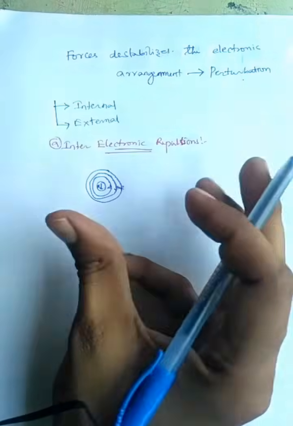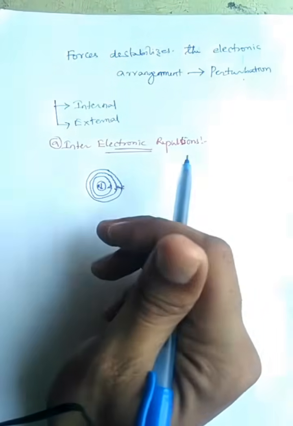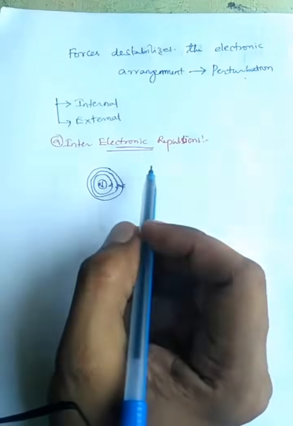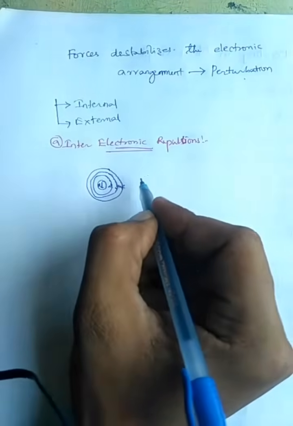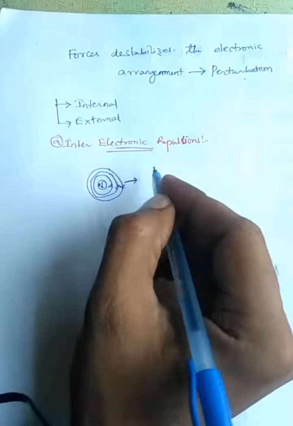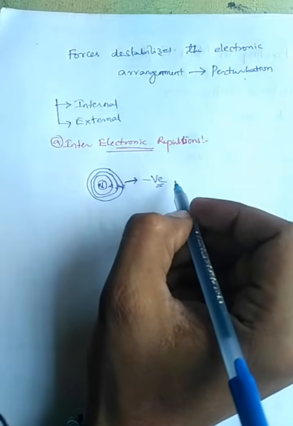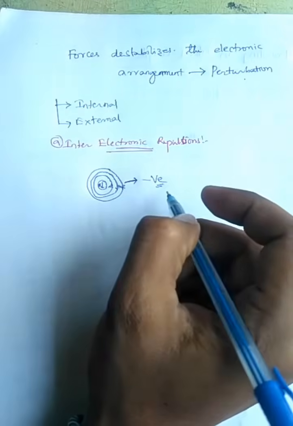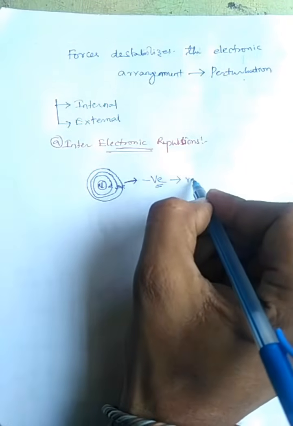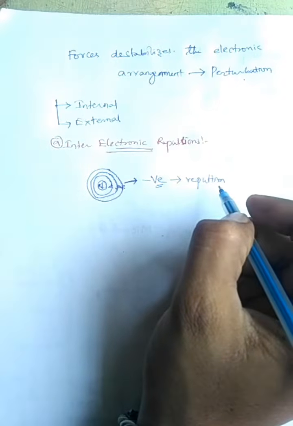Here also, the closer packing of electrons in an atom gives some interaction between one electron and another. The electrons in an atom are all negatively charged particles, and when negatively charged particles interact, there will surely be repulsion.